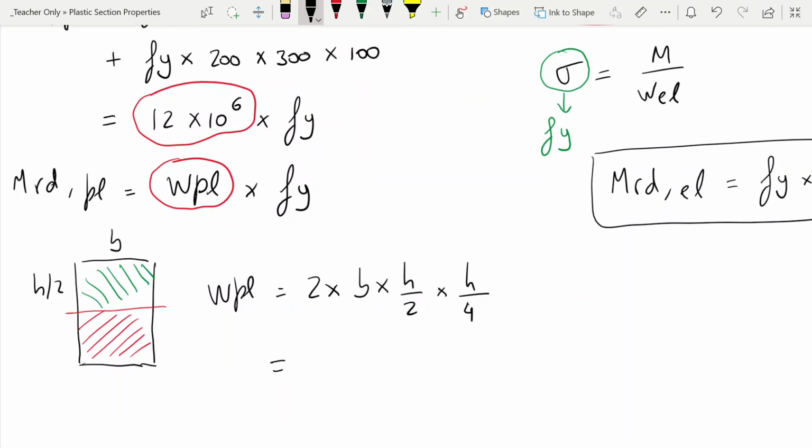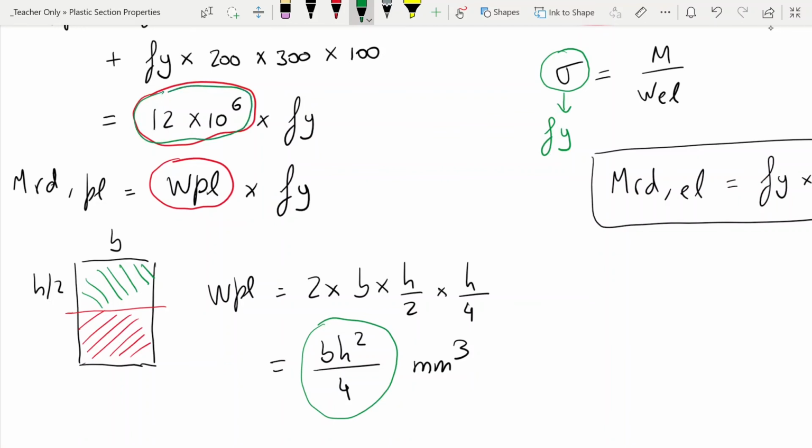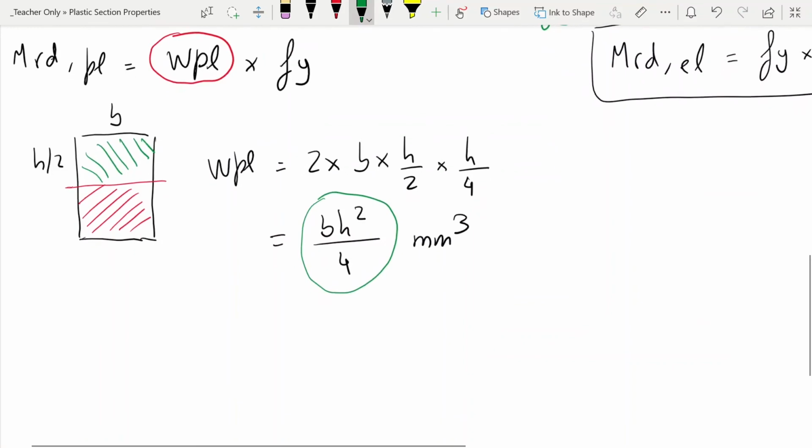And if you take this into consideration, we get that this is BH squared divided by 4. And the units of this will be millimeters cubed, again, if we use millimeters. So again, if we use this expression with the dimensions 300 and 400, we should get this 12 times 10 to the 6. And that's basically it.